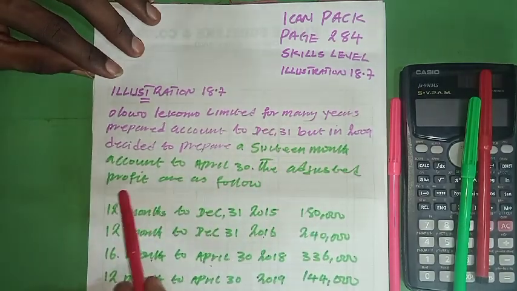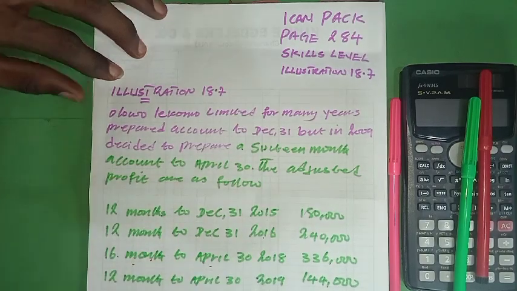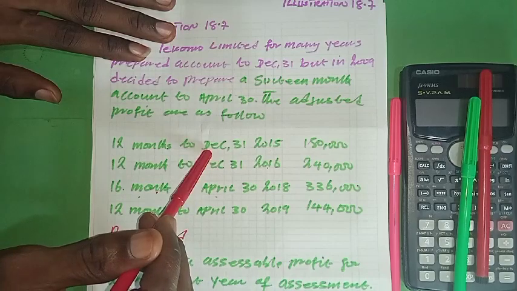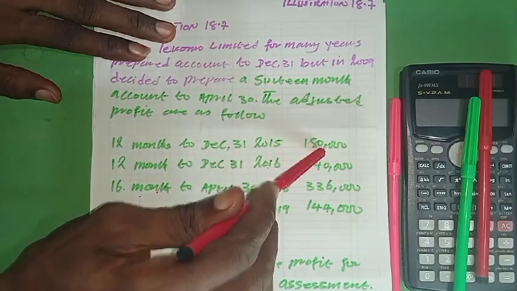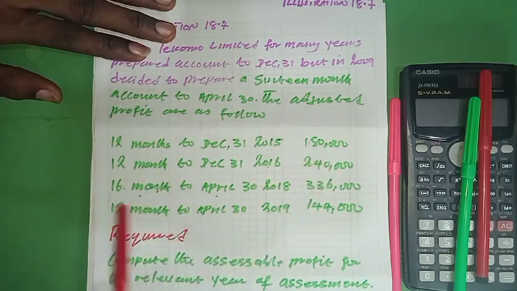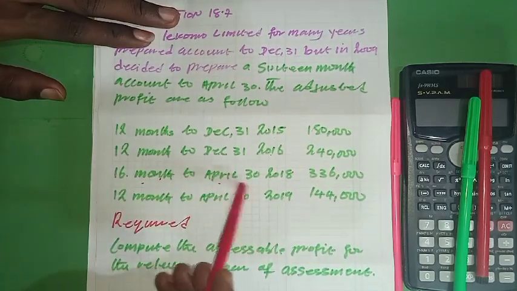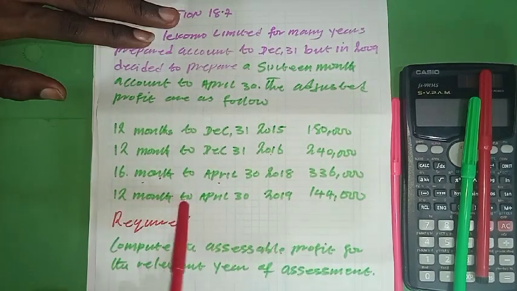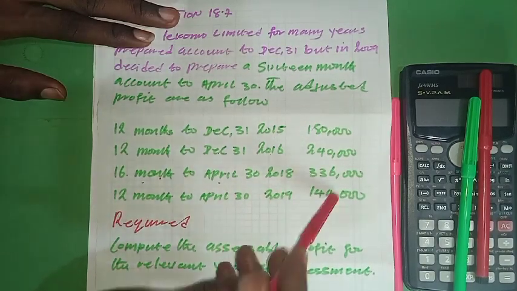The adjusted profit is as follows: 12 months to December 31st, 215, this figure. 12 months, 216, this figure. 16 months to April 30th, 218, this figure. And 12 months to April 30th, 219, this figure.